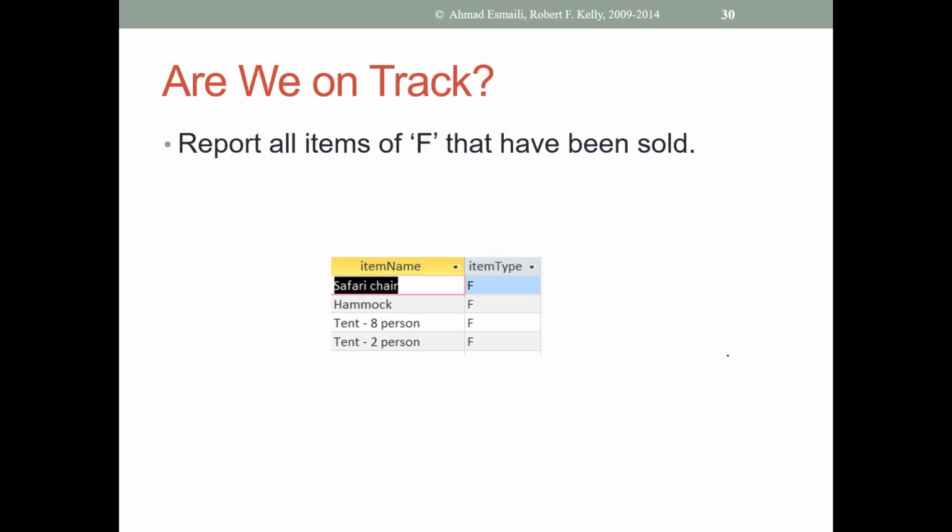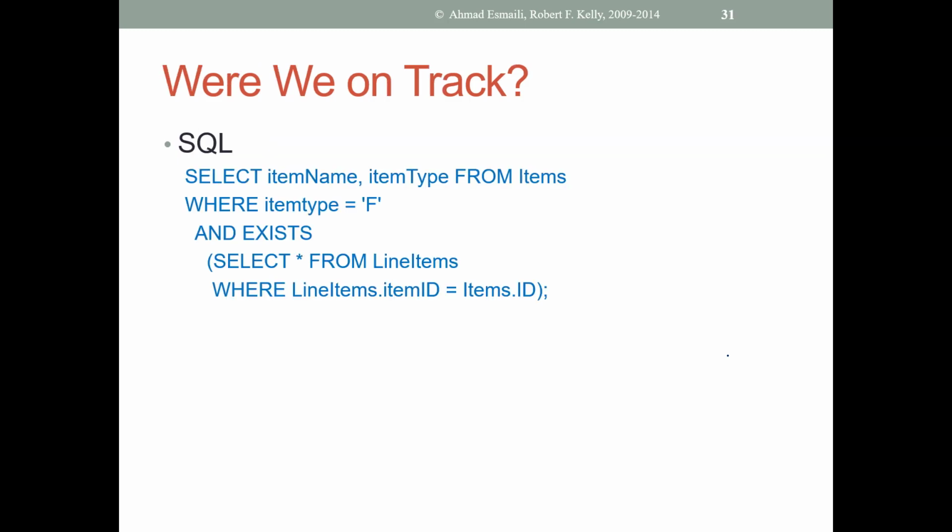Now we have an "are we on track" exercise, which I'll leave to you. Please do this one. You have to report all items of type F that have been sold. I believe this is very simple. You should have the understanding of axis, which we discussed in this lecture.